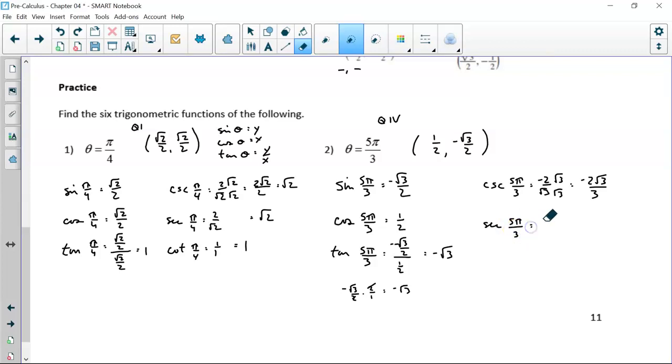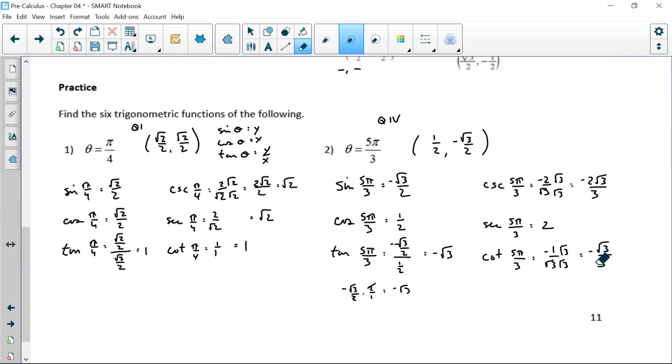It's the reciprocal of 1/2, which is 2. And our cotangent is the reciprocal of negative root 3. So it's going to be negative 1 over root 3, and we have to rationalize it, multiply by root 3 over root 3. You get negative root 3 over 3. And there's our values.